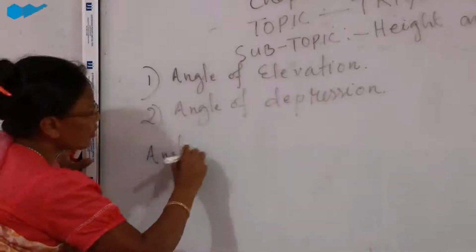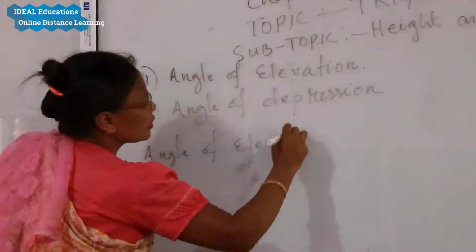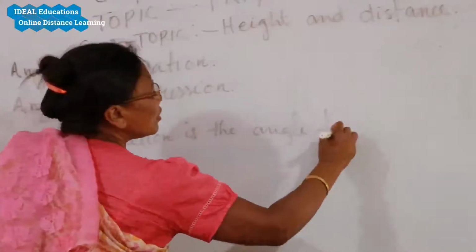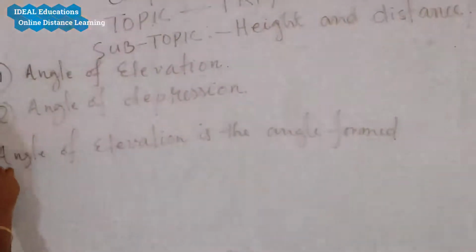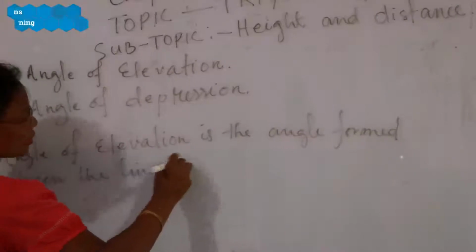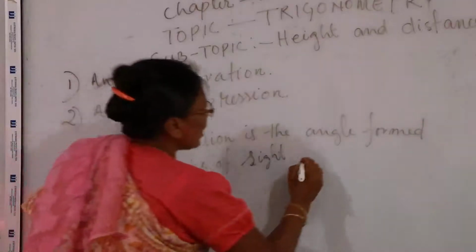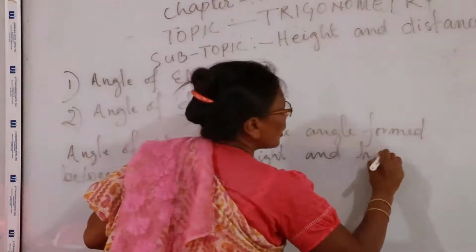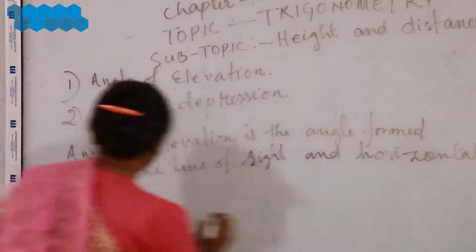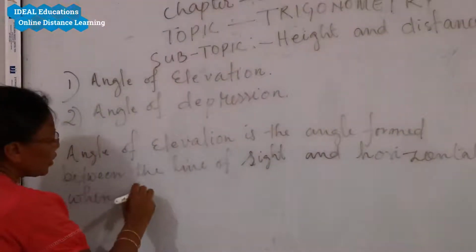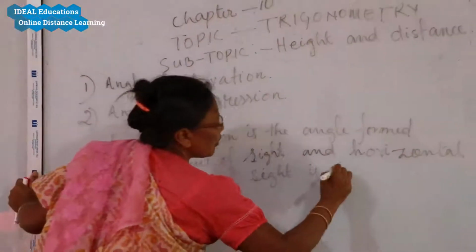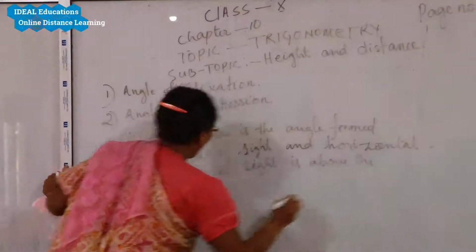Angle of elevation is the angle between the line of eyesight and horizontal when the line of sight is above the horizontal.